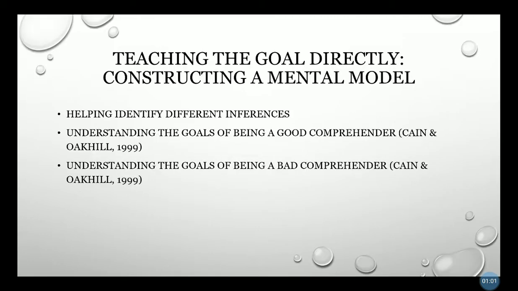The first slide is teaching the goals directly and constructing a mental model for the readers. The first thing with that is helping readers identify a different emphasis, basically giving them clues of what's going to potentially happen in the story, whether that be the title, like with Harry Potter and the Chamber of Secrets.